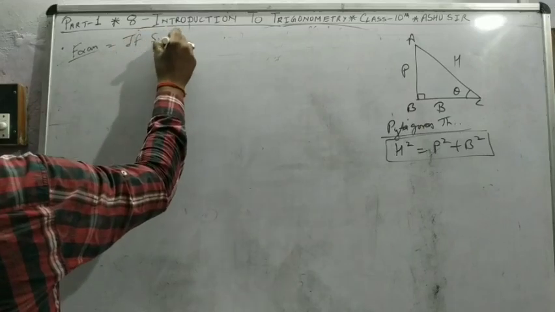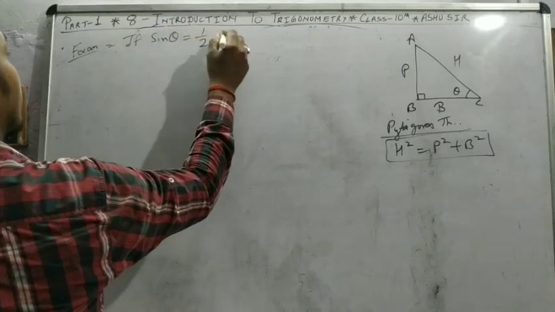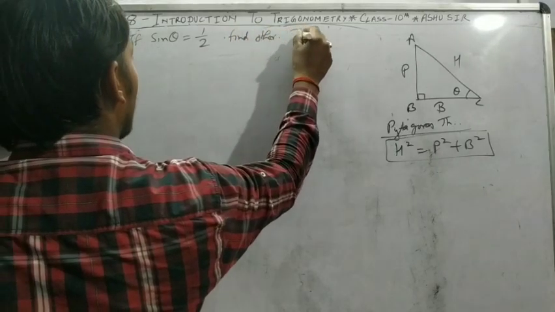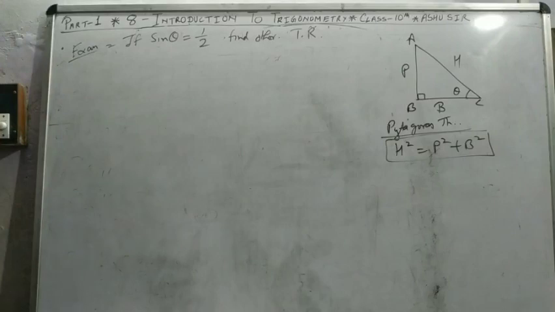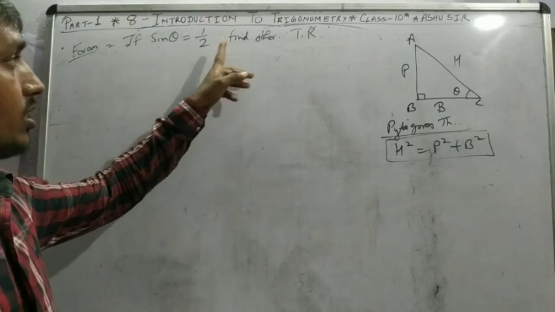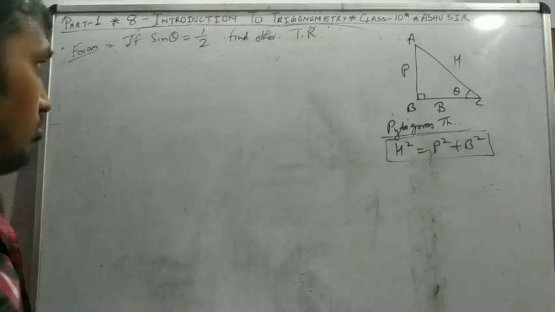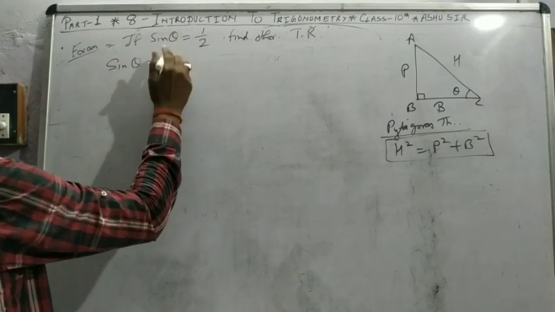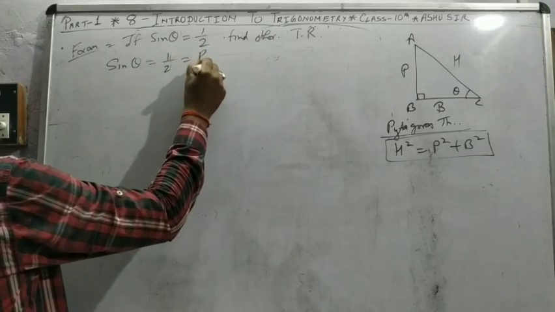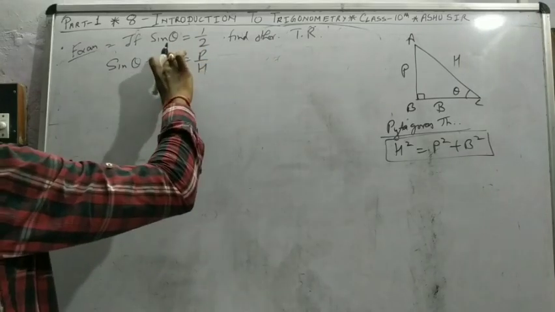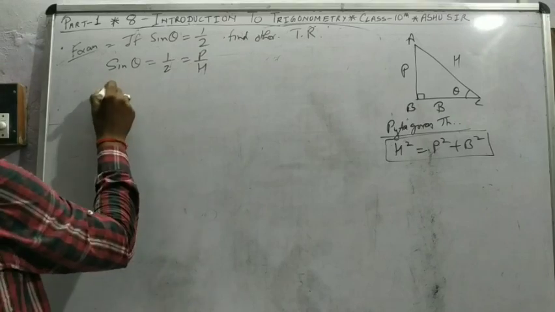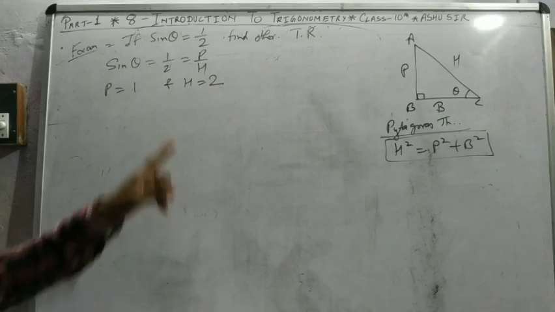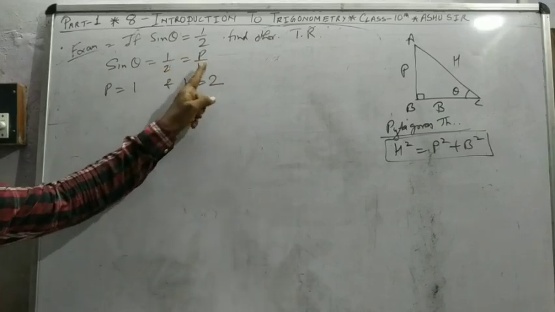If sin theta is equal to 1 by 2, find the other trigonometrical ratios. Sin theta means P by H. Here we take P equal to 1 and H equal to 2, but not always.